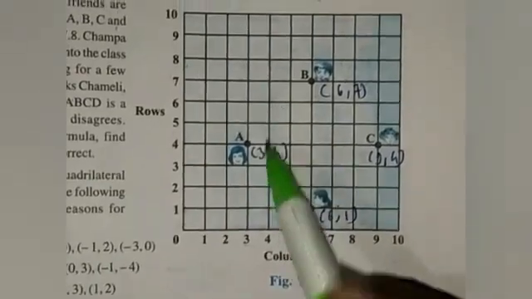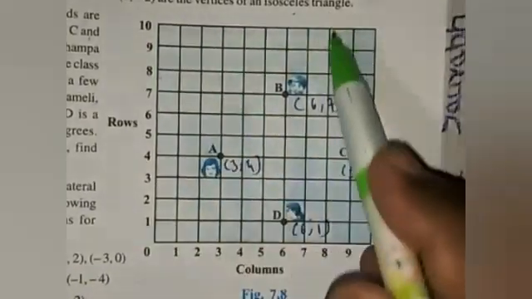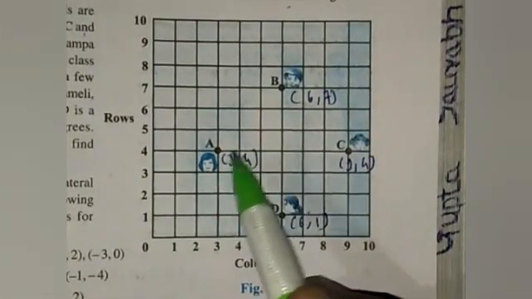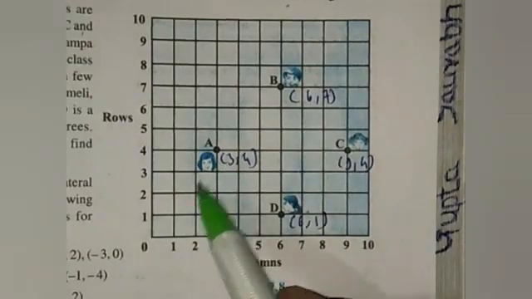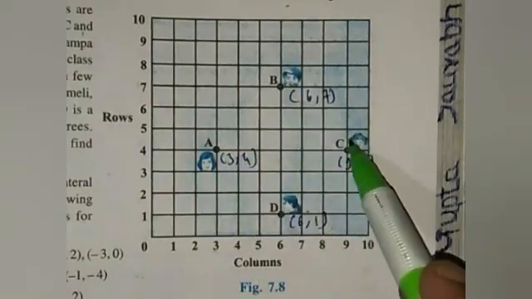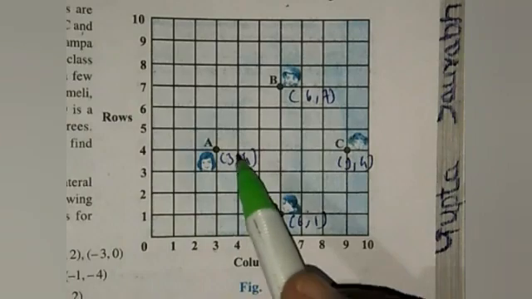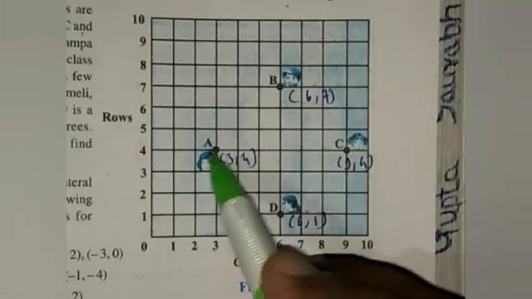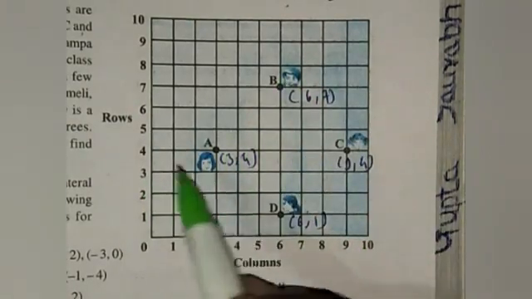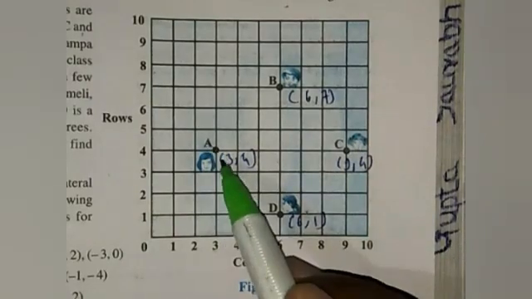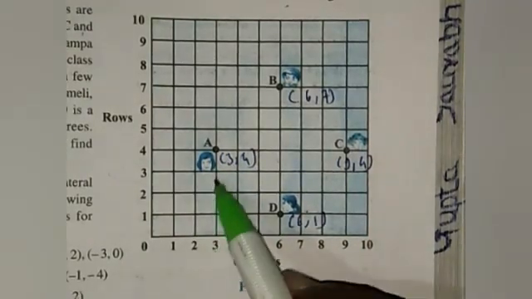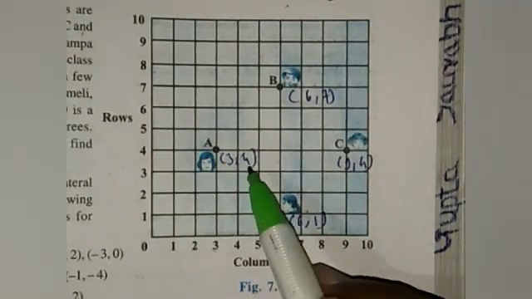So here see that it is a Cartesian plane and 4 students are seated at points A, B, C and D. So here you have to find the coordinates of these 4 points. So coordinate of point A is here 3, 4.